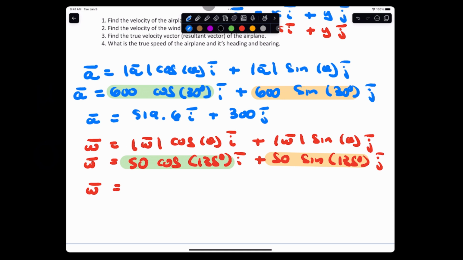So, ladies and gentlemen, you have done your first what? You have found the horizontal and vertical components of your airplane vector. Horizontal in green, vertical in what? Orange.